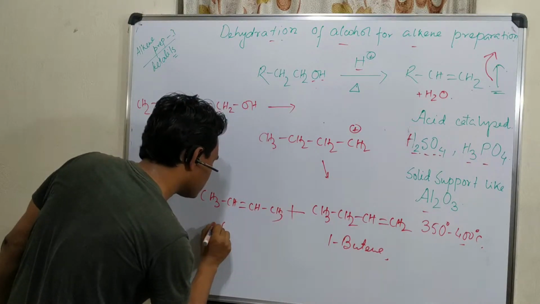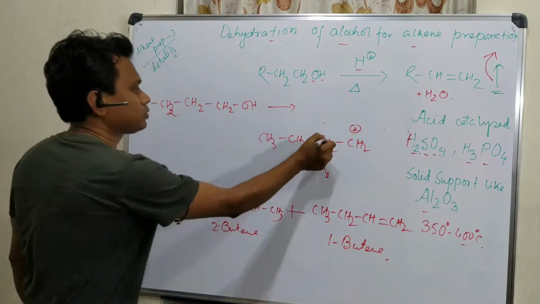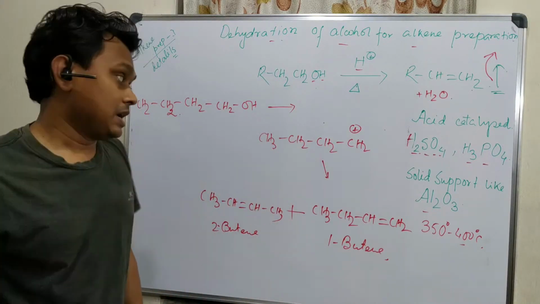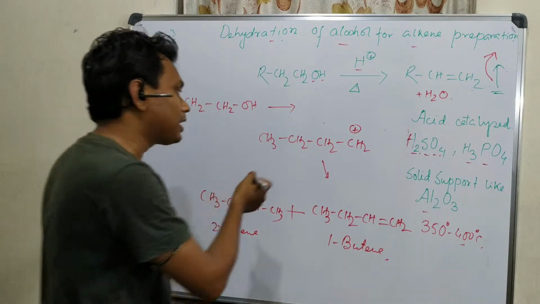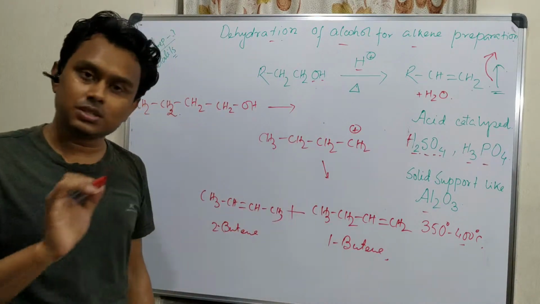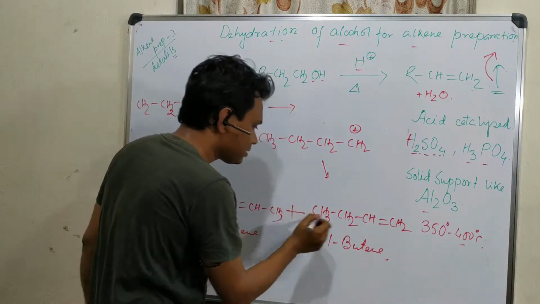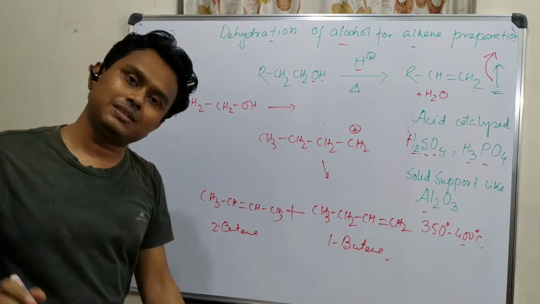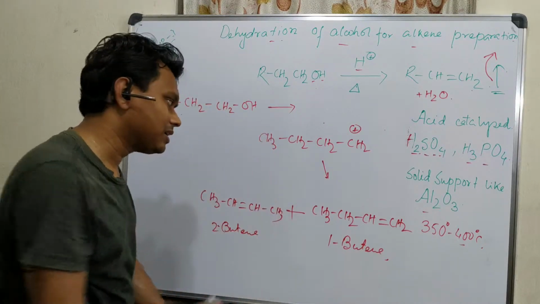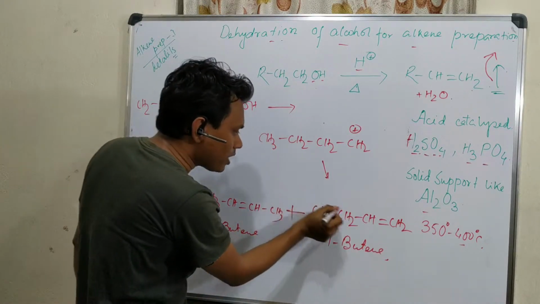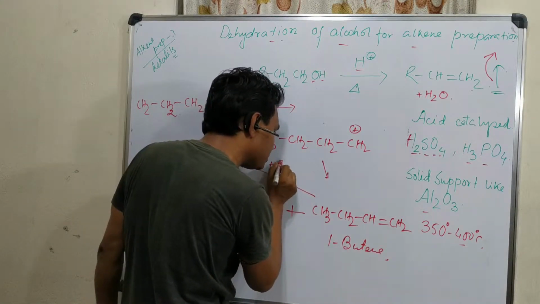Question: how does this double bond migrate? Never be confused that here the carbocation is shifting. Instead of that, there is another option also. Let's consider it produces 1-butene, because under the heating thermal condition alkene is produced. This 1-butene can undergo further protonation.